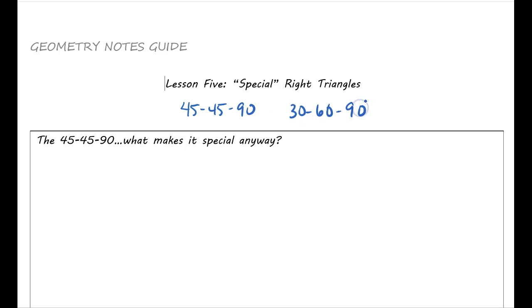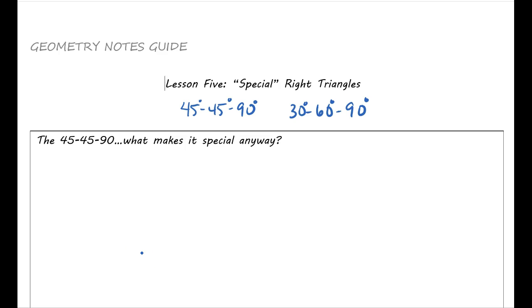Now this is always going to be referring to the angles on the inside. So that's why we need our degree symbol. But these are the two different types. And what makes them special is that they have relationships, their sides relate to each other with a special formula.